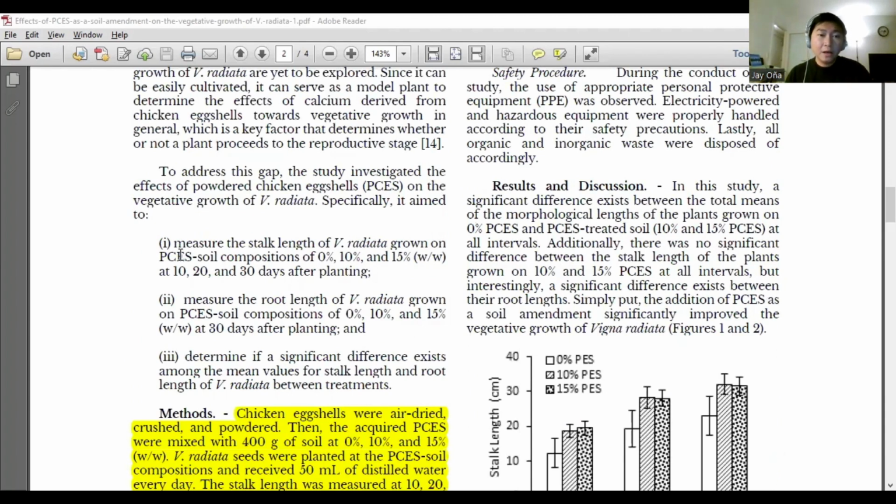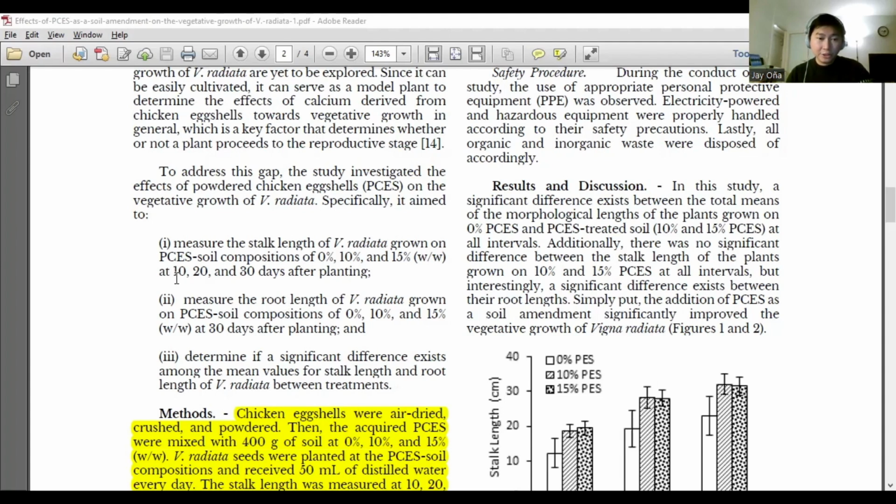So they have soil compositions with different amounts of the powdered eggshells, and they're trying to measure the stalk length, the root length, depending on the treatment given to the different plant samples or the different content of the eggshells in those samples.